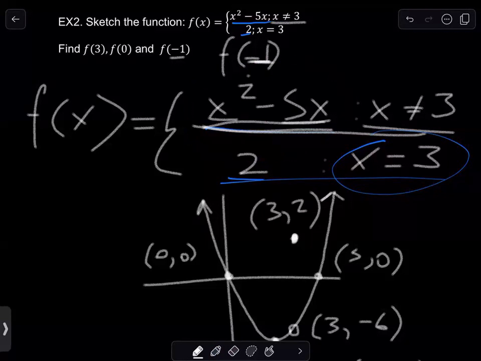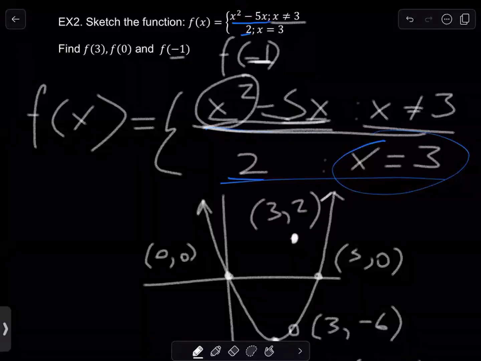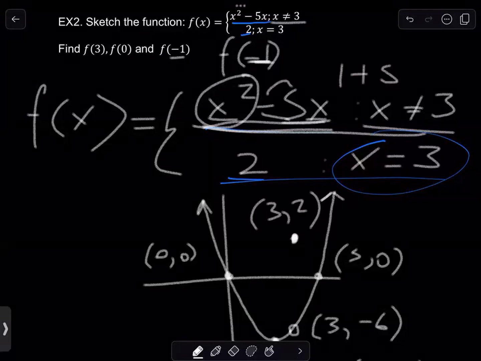If you do that, you'll get (-1) squared, which is +1, minus 5 times -1. So that is going to give you 1 plus 5. A -5 times a -1 becomes +5. So that is going to give you a y value of 6. Okay, so it's 2, 0, and 6. And that's example 2 completed.